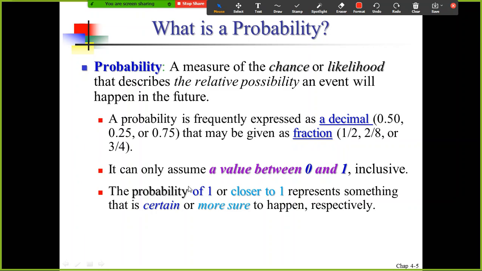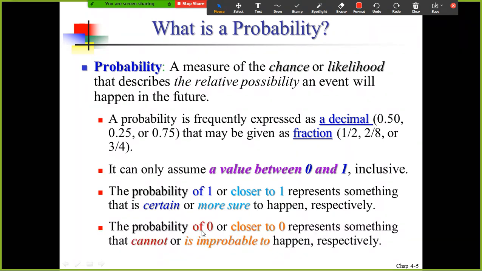Or if the probability of something is closer to 1, we are more sure that something will happen. Certain means strong, yes, definitely happen. But more sure, we tend to feel more sure, but not 100%, not certain.